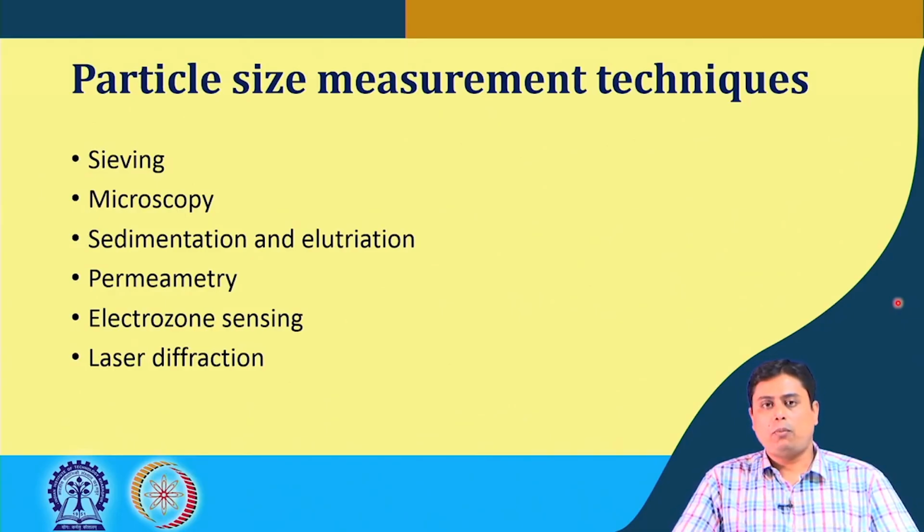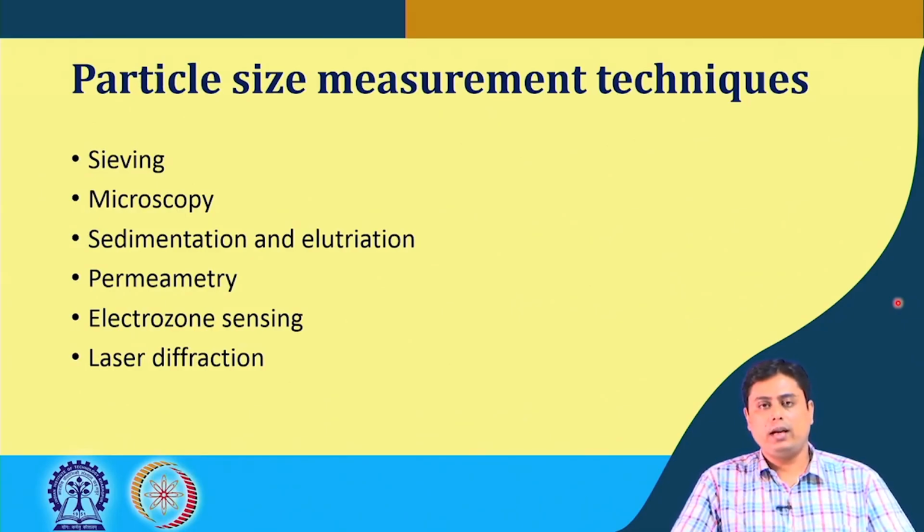The point I want to mention here is that although we started with a single particle, in industrial applications a single particle size or its shape is a kind of irrelevant matter, because there we handle bulk particulate solids. If that is not a mono-sized or uniform sized particle, which is very difficult to achieve or has rather limited applications, we typically have a wide range of particle sizes and shapes.